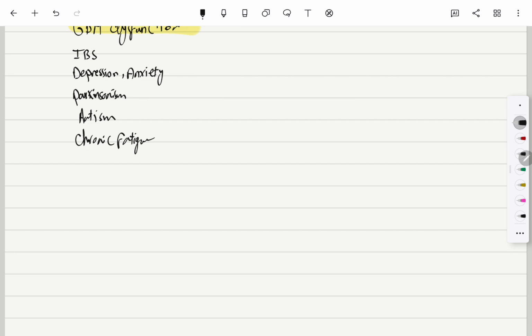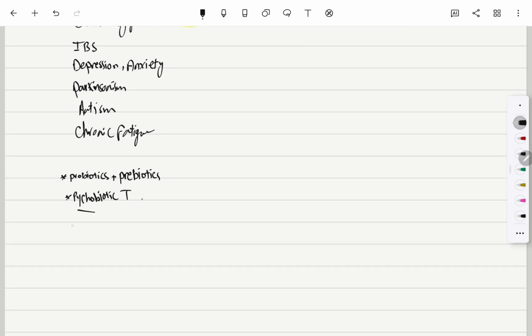What are the major therapies? It is probiotics and prebiotics. And psychobiotic therapy, which is used when there is decrease in serotonin or dopamine level.